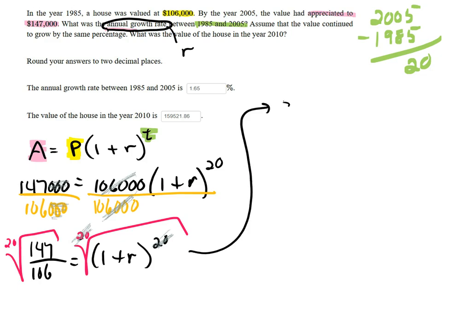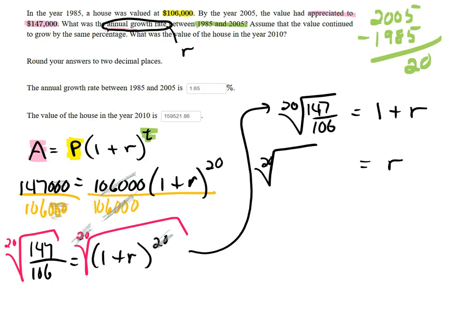I'm going to leave it as the 20th root of 147 over 106 equals, but you'll be down to the 1 plus R on the left. And all you have to do now is subtract 1. So I need to take the 20th root of 147 divided by 106 and then subtract 1 from that to figure out my rate.